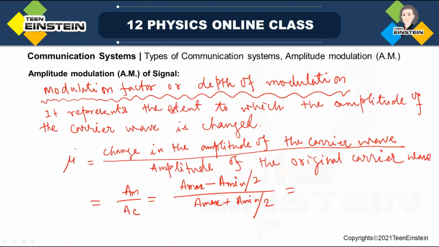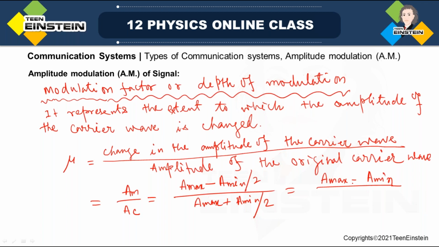That means the depth of modulation factor can be expressed as the ratio of A max minus A min. Max and min I am writing in terms of the modulated wave.